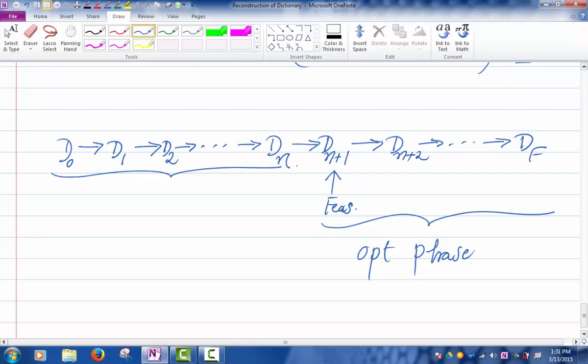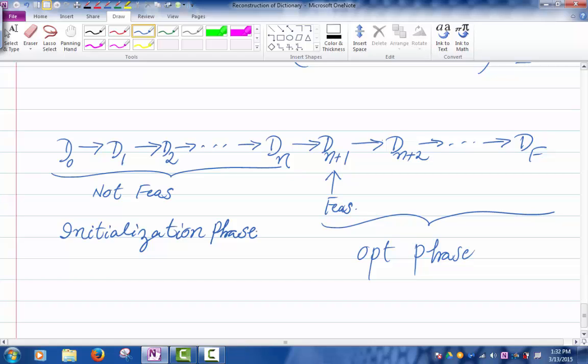What if you don't start out with a feasible dictionary? So all these dictionaries are not feasible. And this is called the initialization phase.